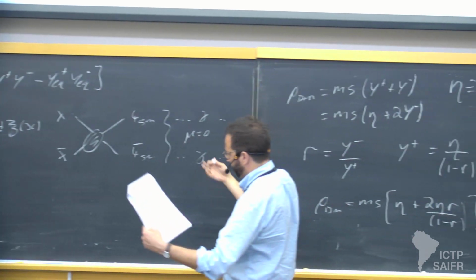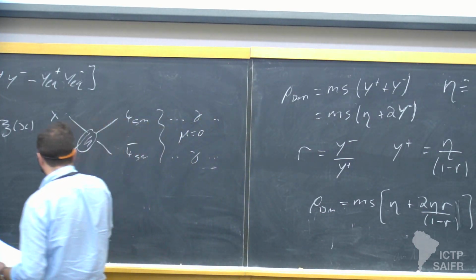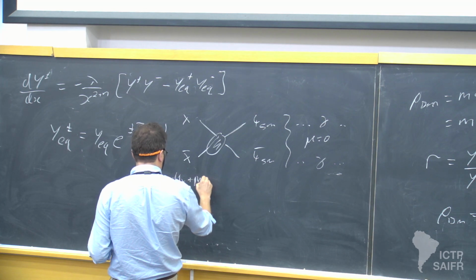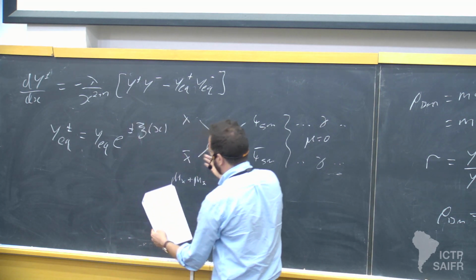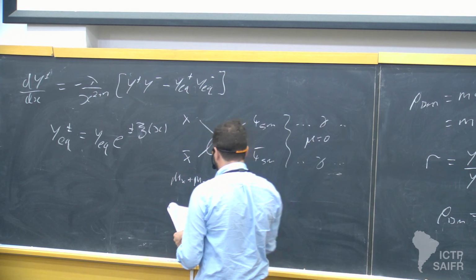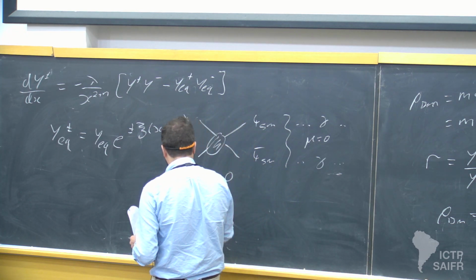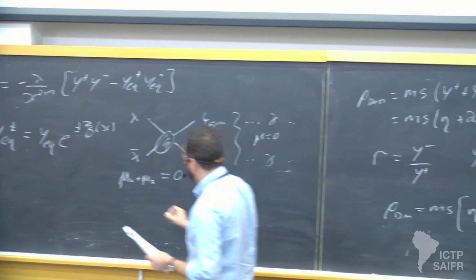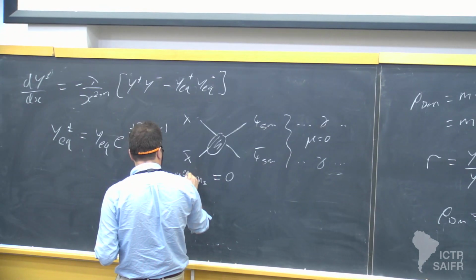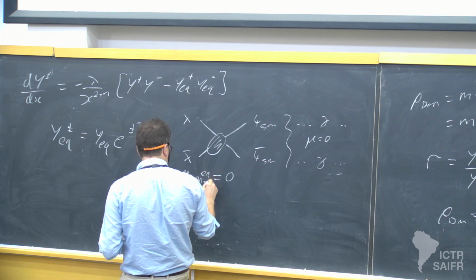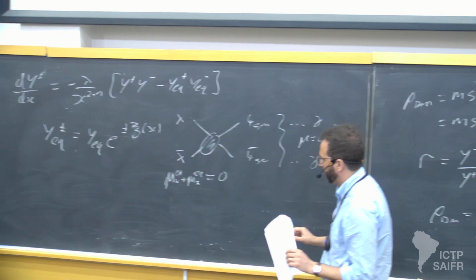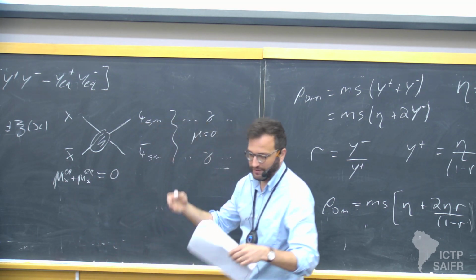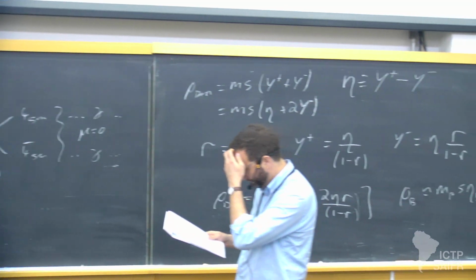So when the annihilation is rapid, we'll have the relation that mu x plus mu x bar, which are these equilibrium chemical potentials, have to sum to 0. Let me write this. Equilibrium. But they're not each 0; they sum to 0, but they're not 0 because of the asymmetry. Okay?